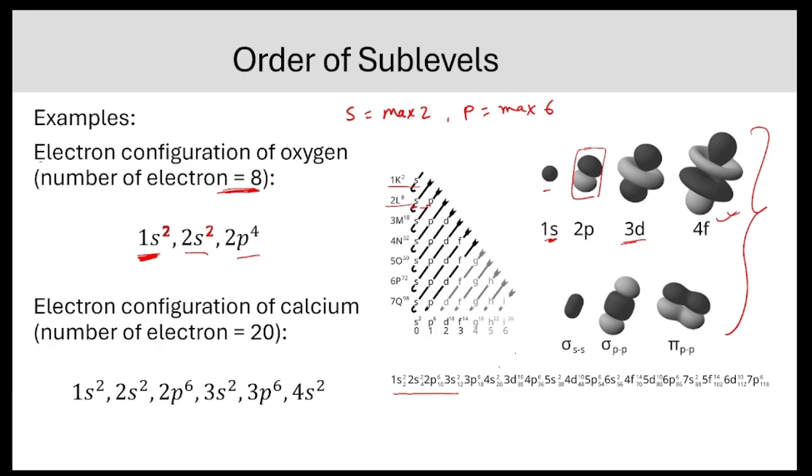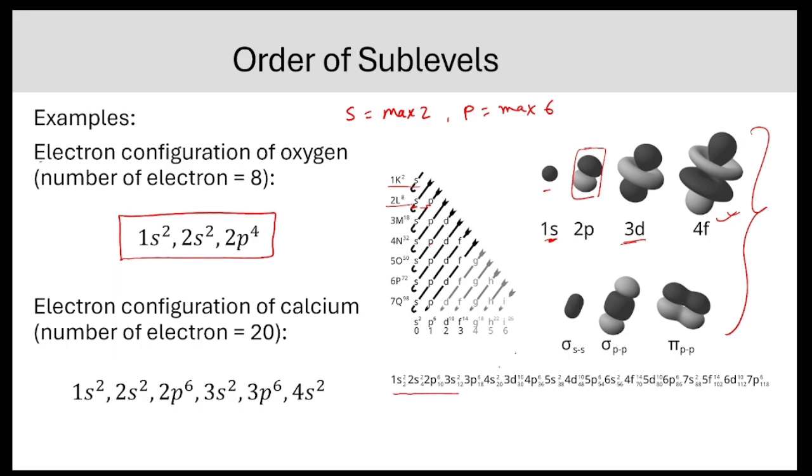So far we have 2 plus 2 is 4 electrons. Now we have 4 electrons left, and the maximum electrons that can fit in the p subshell is 6. So all 4 electrons can fit in this subshell. So the overall electron configuration of oxygen is 1s2, 2s2, 2p4.